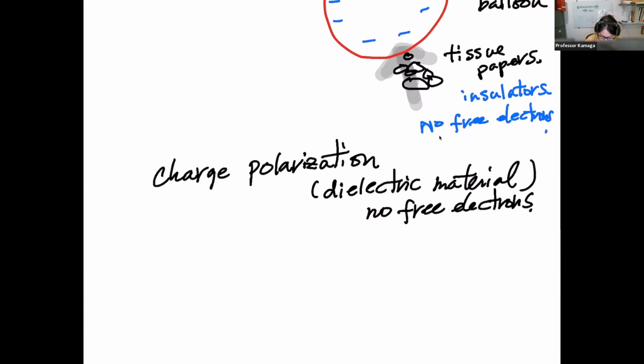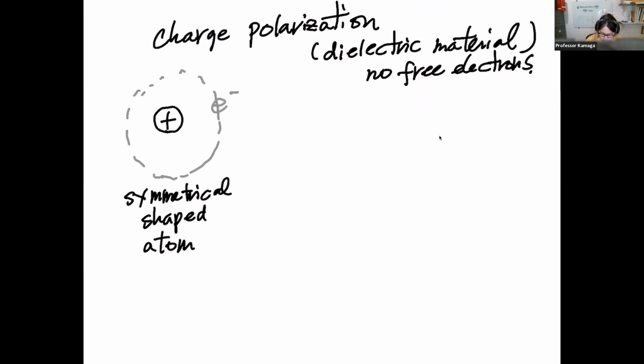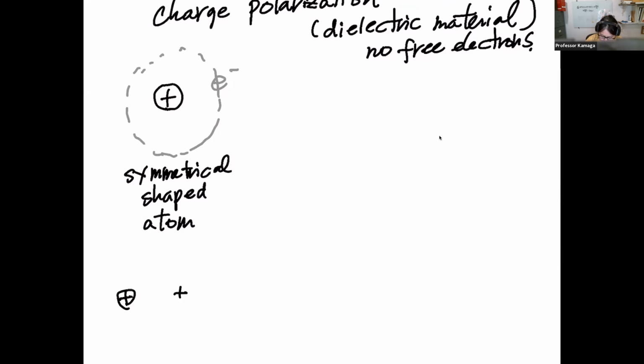Let's see. So typically, let's say this is the nucleus of the atom, and around the nucleus, we have electrons. Let's say it's in a symmetrical shape. A material has a bunch of these atoms with a symmetrical shape.